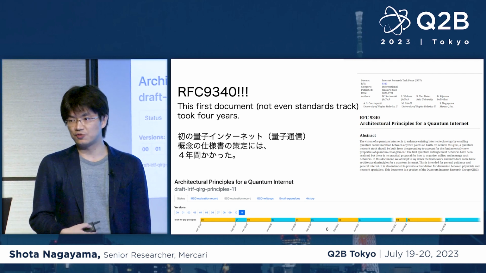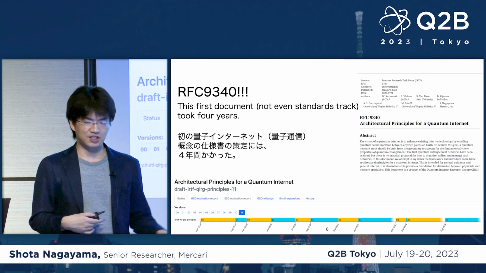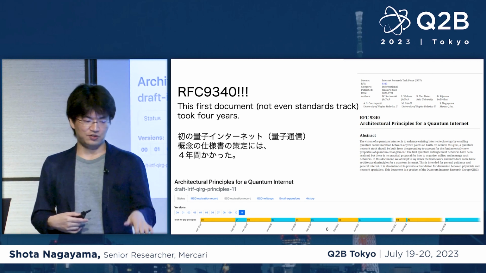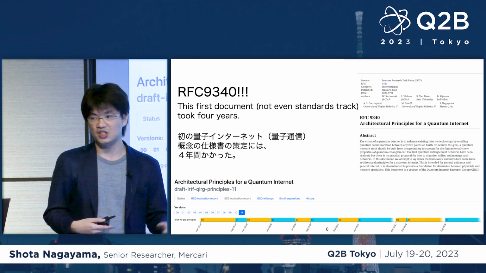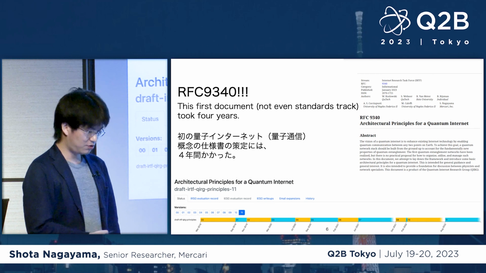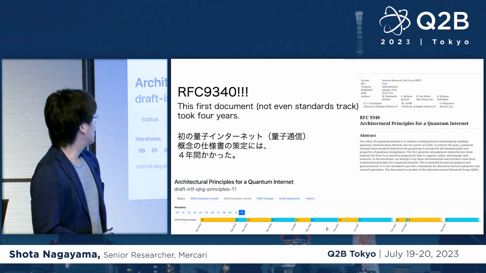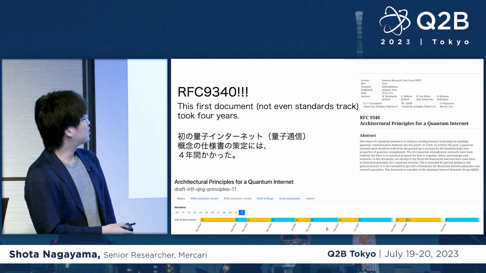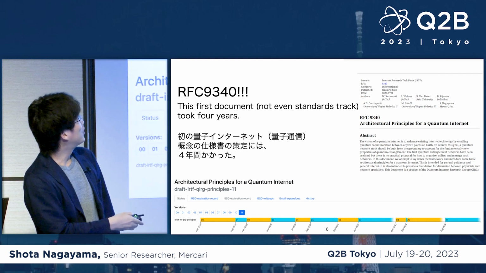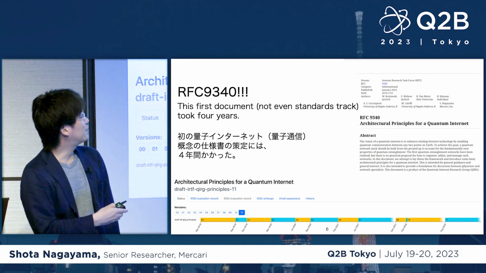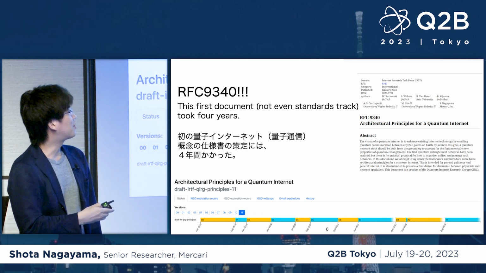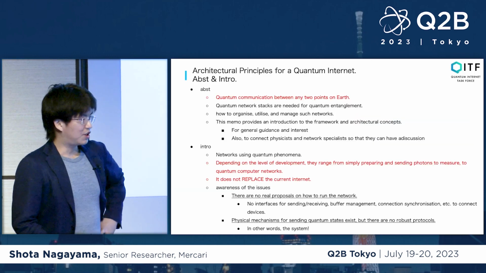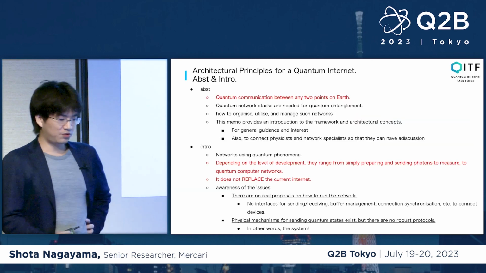The principles for designing the quantum internet were discussed here. Not only quantum specialists but also classical computer network experts are involved in this discussion. So we formed this document with that objective, and from Japan, myself, Professor Bamida from Keio University and other colleagues from the US all authored this document together.